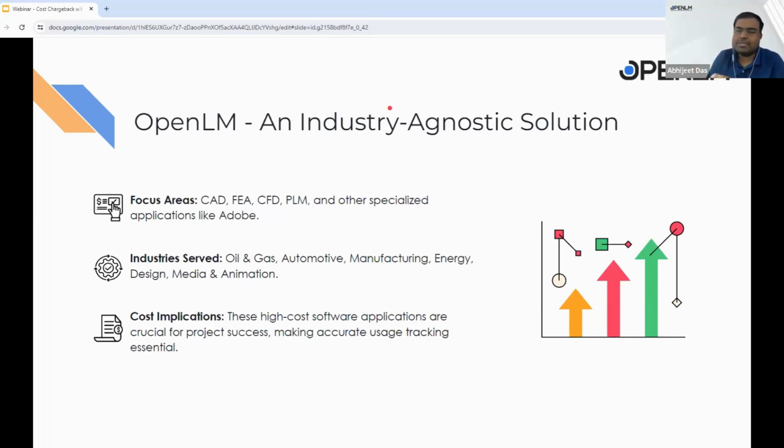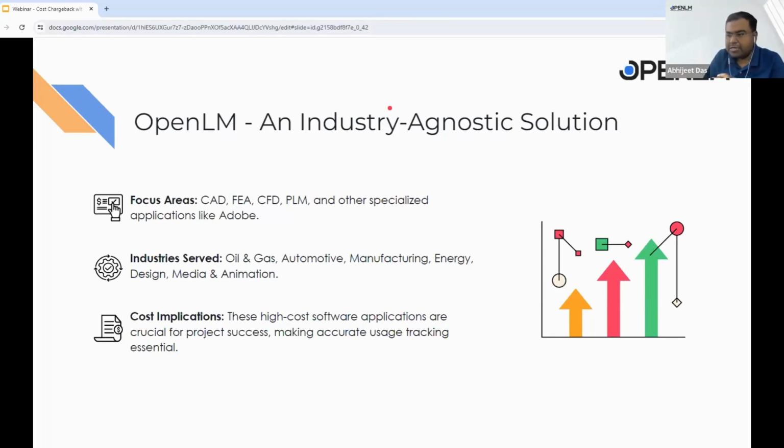So wherever you see these costly licenses or specialized licenses from different vendors like Dassault, Autodesk, MathWorks, Siemens, PTC, our solution is the best. We can serve across all these different industries geographically.